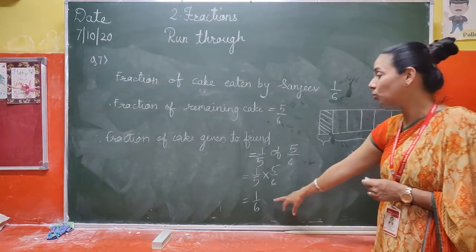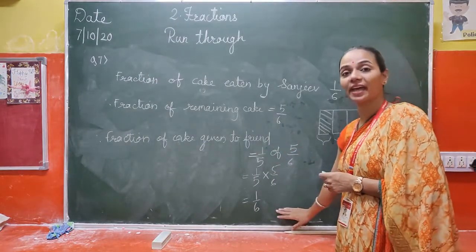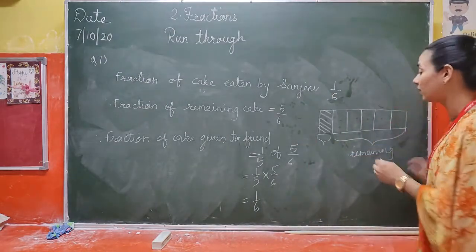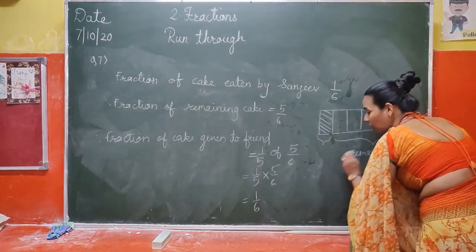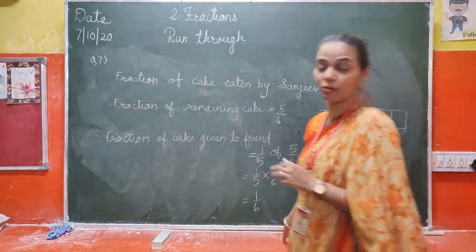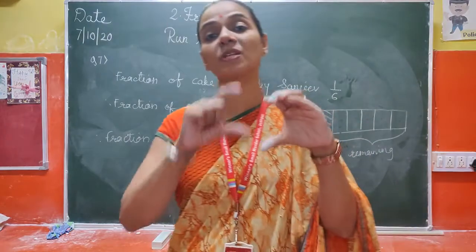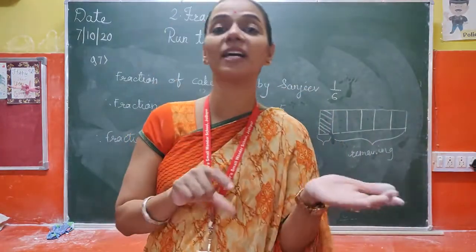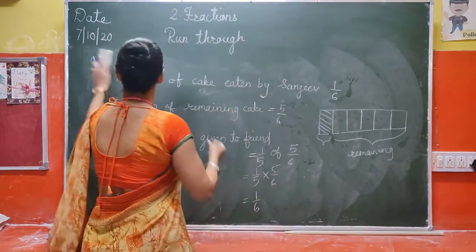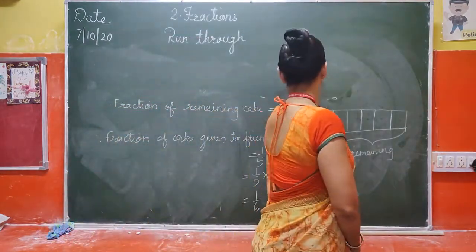He has given it to his friend. So he gave 1/6. Now what is the remaining? The part he has kept will be 5/6 minus 1/6. Right? 5/6 was left, out of that 1/6 was given to the friend, so what is left? 5/6 minus 1/6.